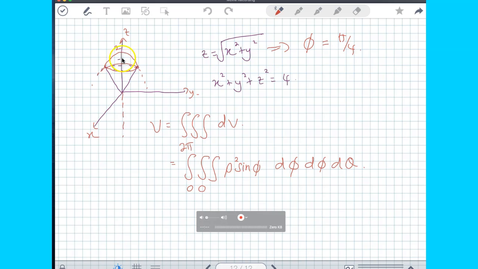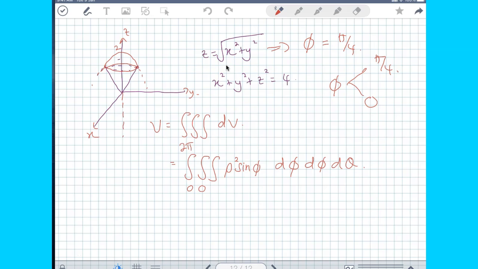As you can see here, the positive z-axis is lying inside, or is part of, the solid that we have. So the smallest phi is 0, and the highest phi depends on this line. That line is basically from this cone, and this cone gives phi equal to pi over 4. So the limit of phi for this particular cone is 0 to pi over 4.